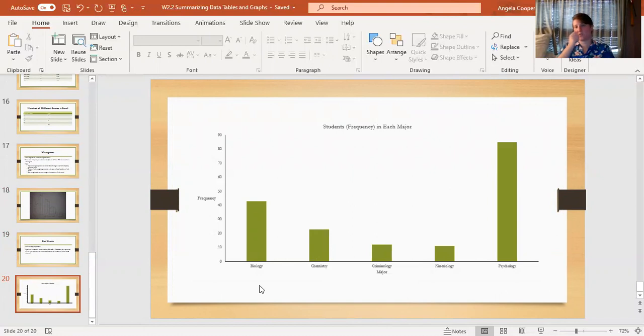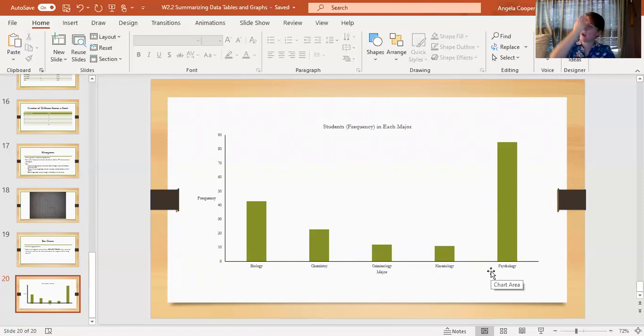So since each group is clearly distinguished, and they're not falling on the same spectrum of 0 to 17, 18 to 35, they're not all in the same range of numbers. There's not really numbers that we're dealing with, at least in this one. So we have biology right there. We have chemistry in its separate bar, criminology in its separate bar, kinesiology in its separate bar, psychology in its separate bar.